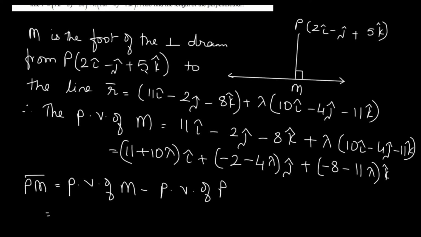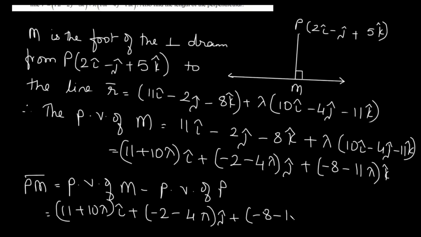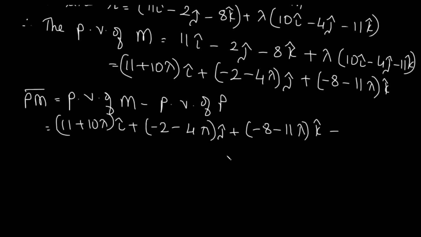So we get 11 plus 10 lambda i, the entire position vector for M, minus the entire position vector for P, that is 2i minus j plus 5k.